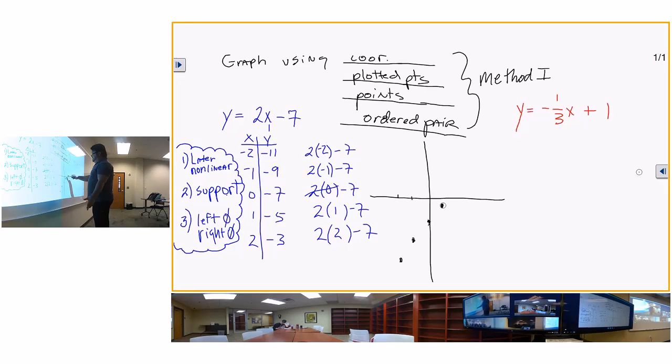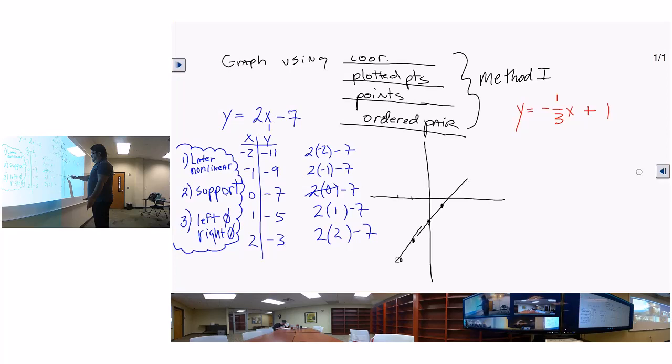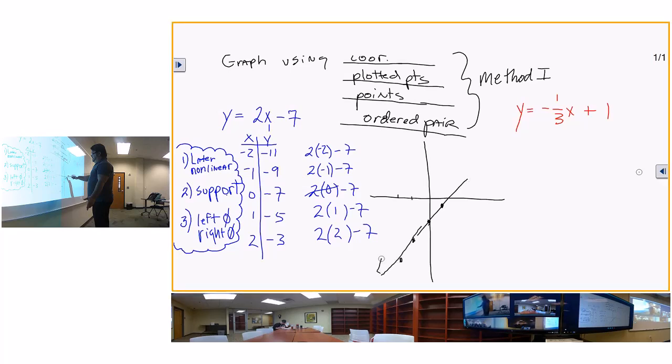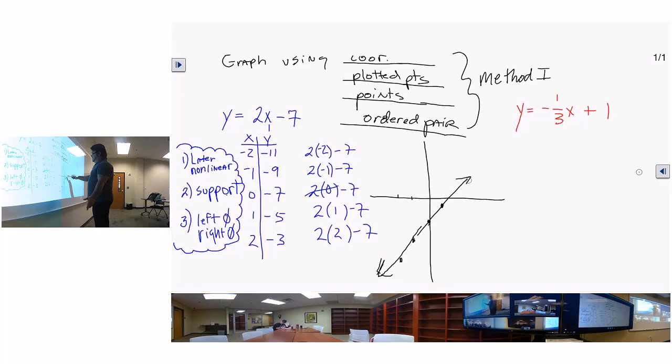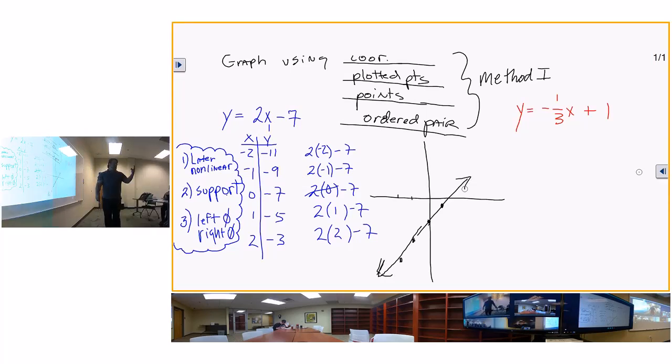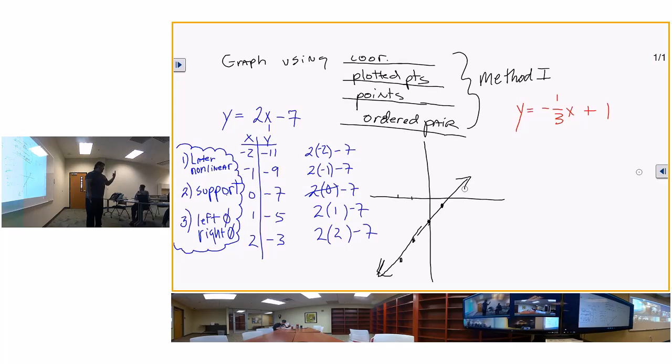There's some line that looks like that. Now, on the homework and the test, we usually just ask for 2 points. So you might want to write that down. The homework and the test will ask for 2 points, and you can put either one of those 2.